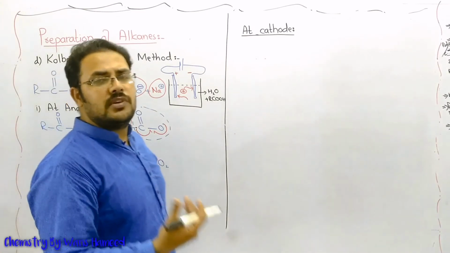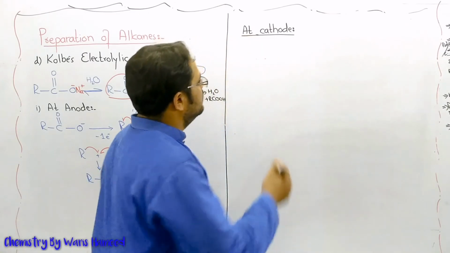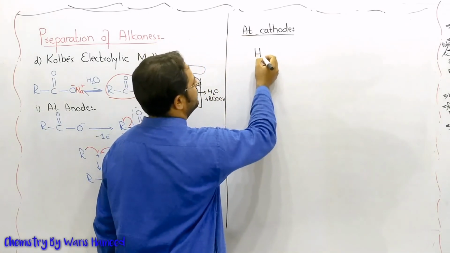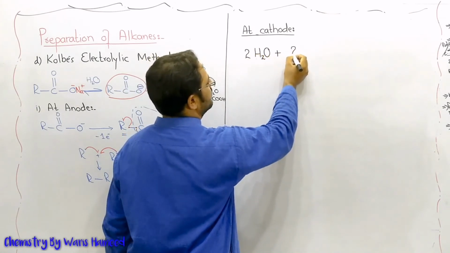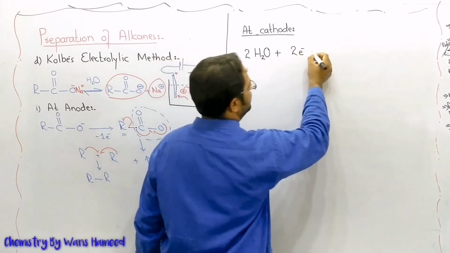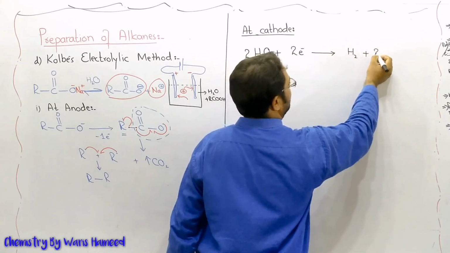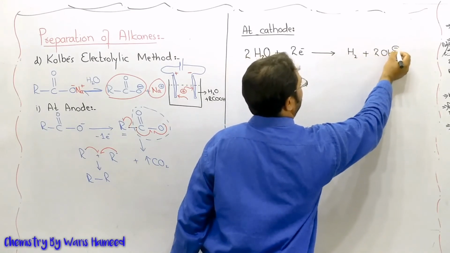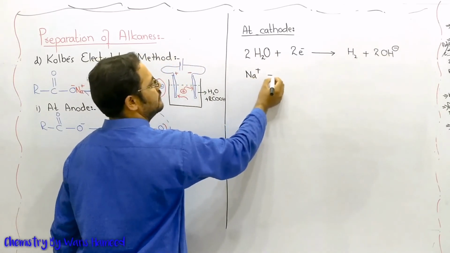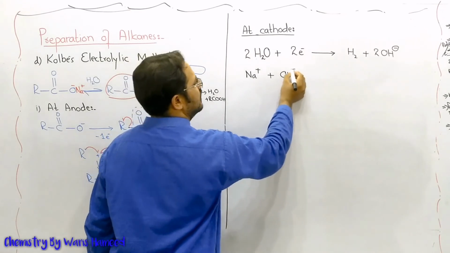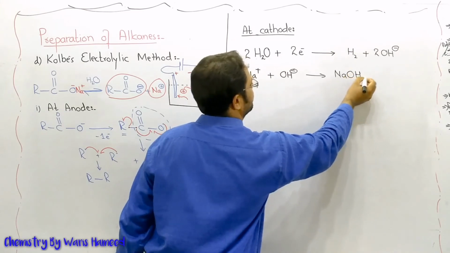When water molecules come in contact with cathode, a water molecule will gain 2 electrons and convert into hydrogen gas and hydroxyl group. This hydroxyl group will combine with sodium and convert into sodium hydroxide.